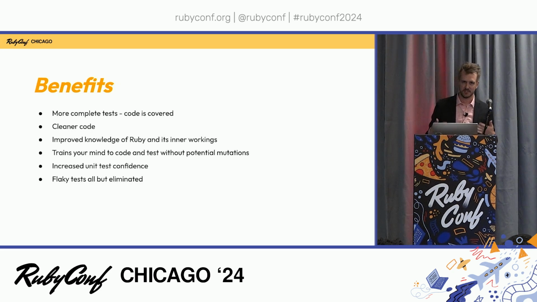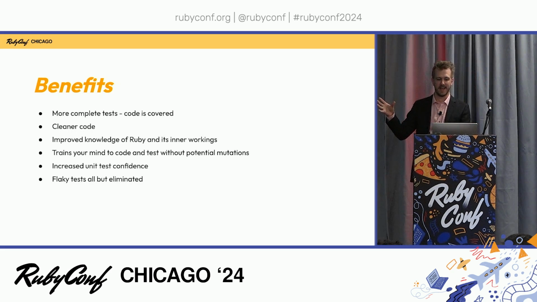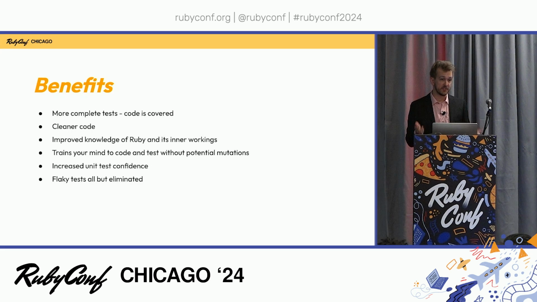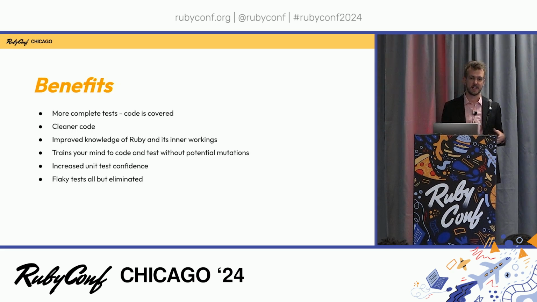So as you get better at this and do it more, you'll find that you're starting to write .fetch all the time instead of ever using hash access with brackets. You'll find that you're writing your code cleaner, and you're writing it so that it is just able to be tested smartly, simply, and easily. You also get increased unit test confidence. You know that your tests are lined up with your code.